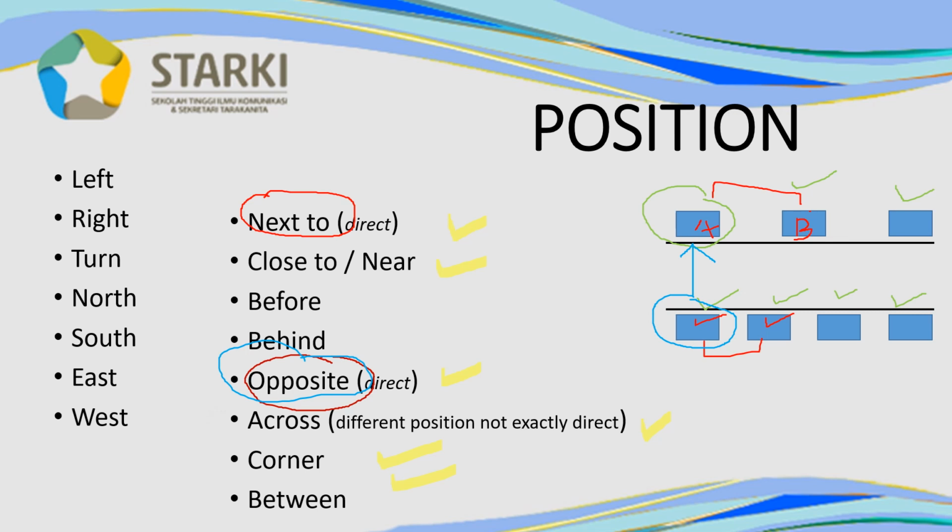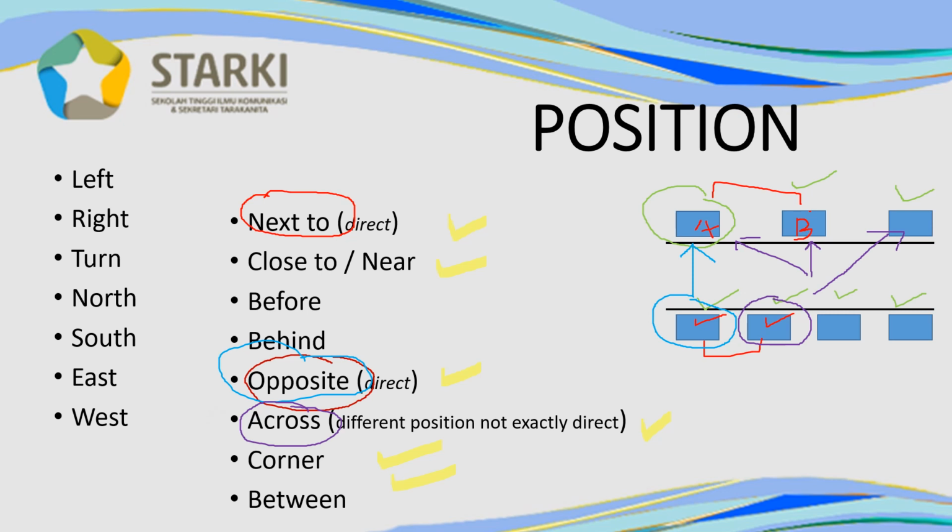But when we are talking about the word across, this object can be going there, going here, going there. That's across. Across means a different position, but not exactly direct. It is not like the opposite. You get it already? Okay.